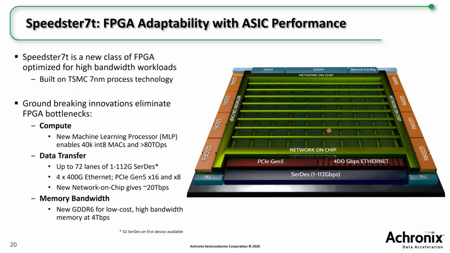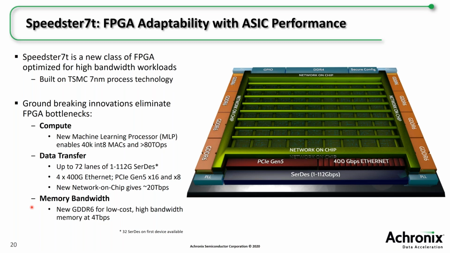And then the final part that we have on this device is this high memory bandwidth, 4 terabits per second, but using GDDR6, not HBM2. We made a conscious decision to pick GDDR6 mainly because it has the lowest system cost. GDDR6 devices are generally being driven down to a lower cost than HBM2 memories, and lower system cost is obviously important when we're considering a machine learning inference application.